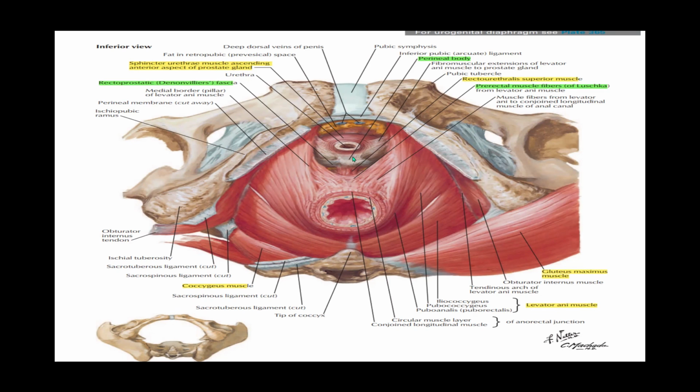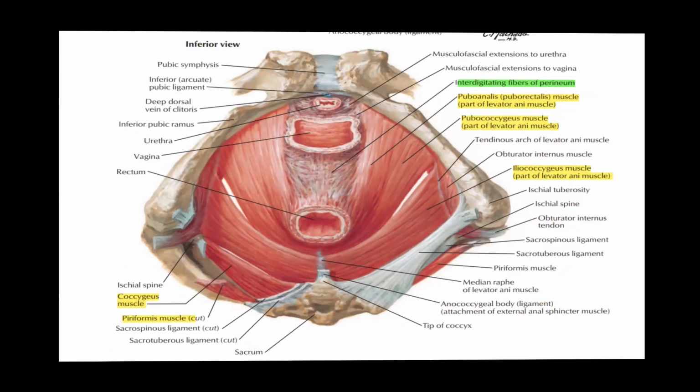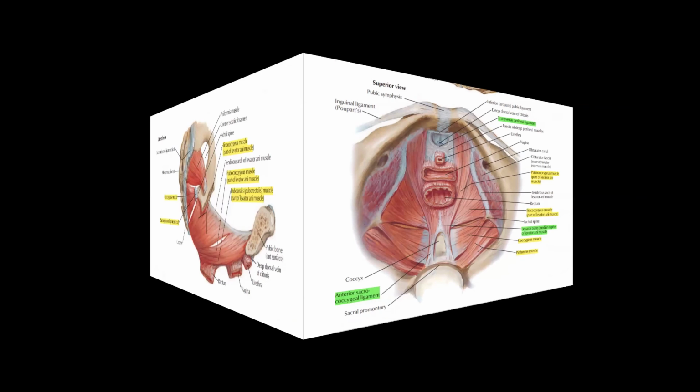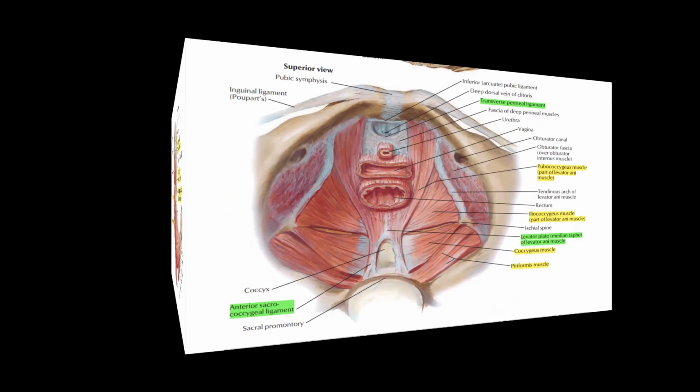I think this is our last slide. We've come to the end of this revision. Just before we log out, I want us to look at a very good slide that helps round off what the structure of the pelvic floor or the pelvic diaphragm looks like.